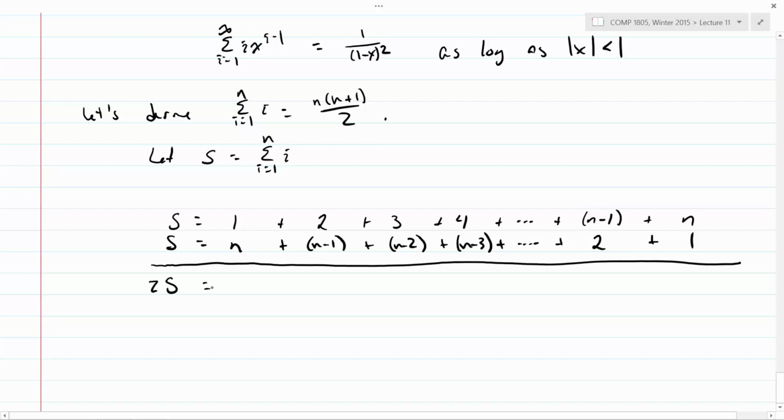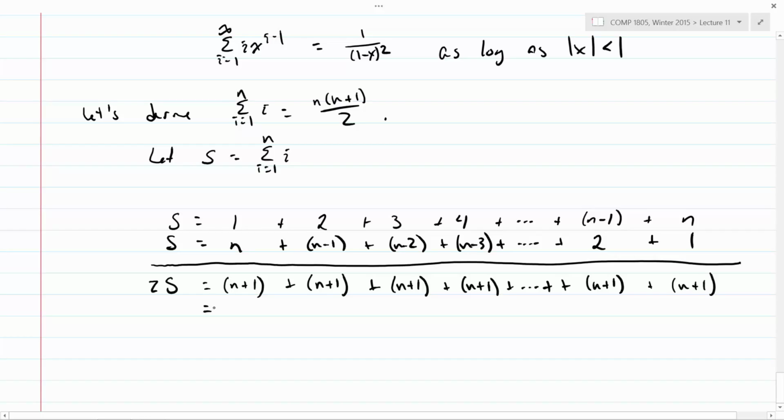Now we add each one of these terms. 1 plus n is just n plus 1. 2 plus n minus 1 is what? n plus 1. 3 plus n minus 2 is also n plus 1. 4 plus n minus 3 is also n plus 1. This pattern continues. n minus 1 plus 2 is also n plus 1. And n plus 1 is, of course, n plus 1.